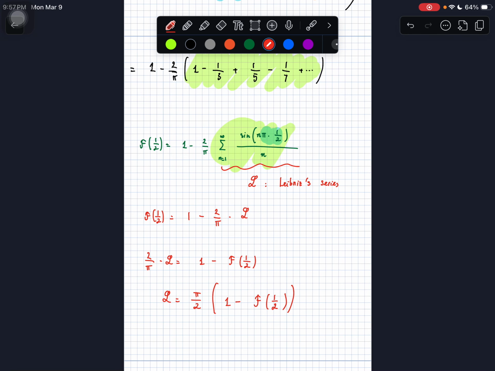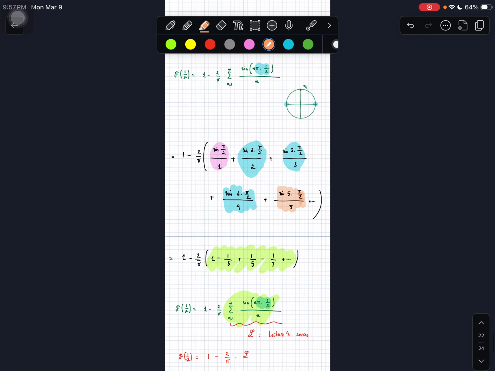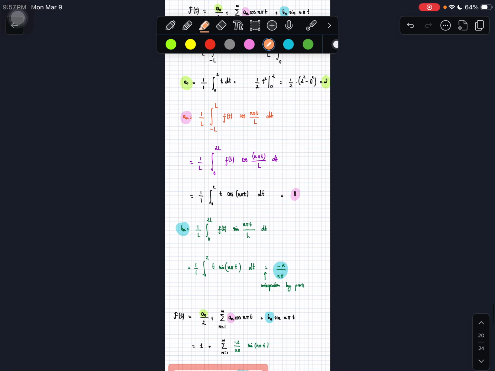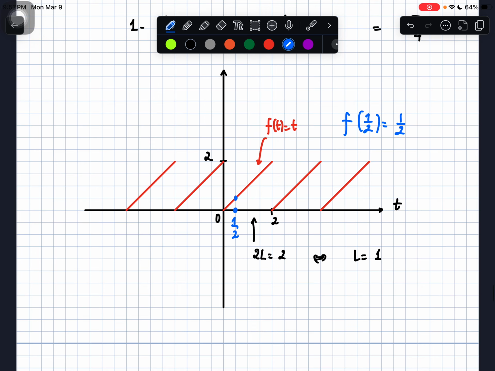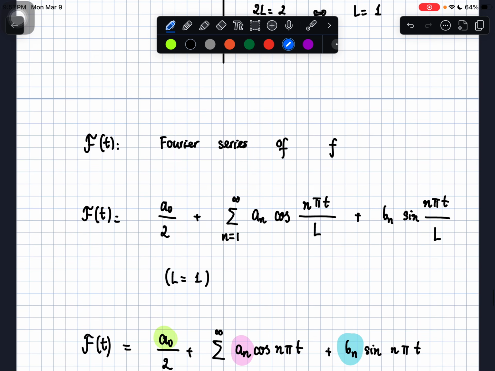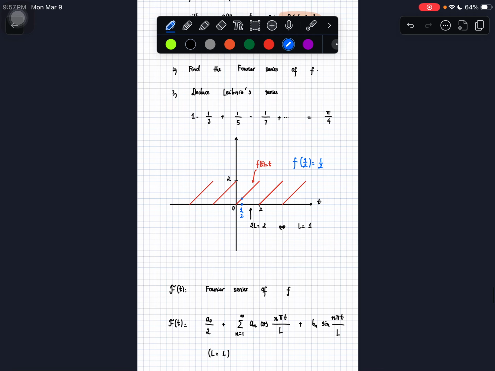So all we need to do now is to compute f at 1/2. 1/2 is a point of continuity. 1/2 is here. So the Fourier series converges to f of 1/2.